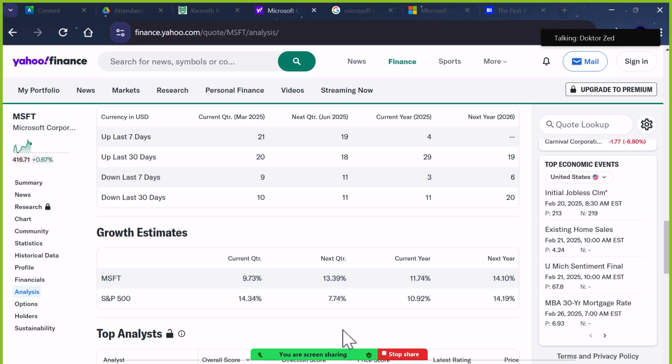It ain't too shabby. It's about 13% over the next 2 years, but that's not too different from what the market is going to do, right?